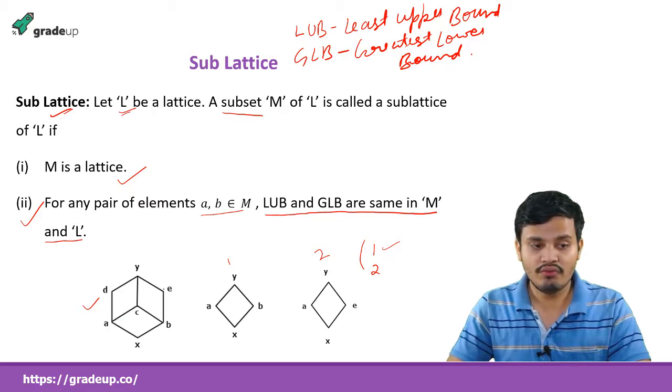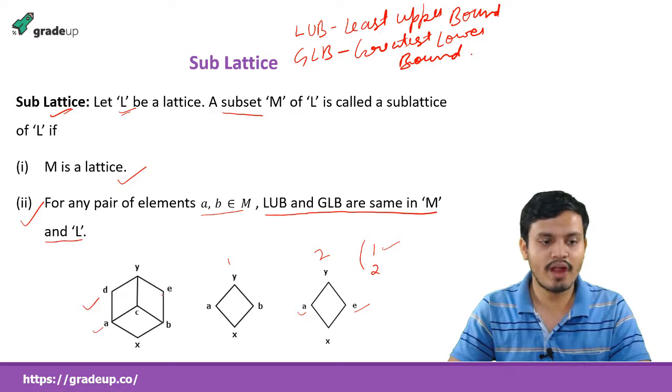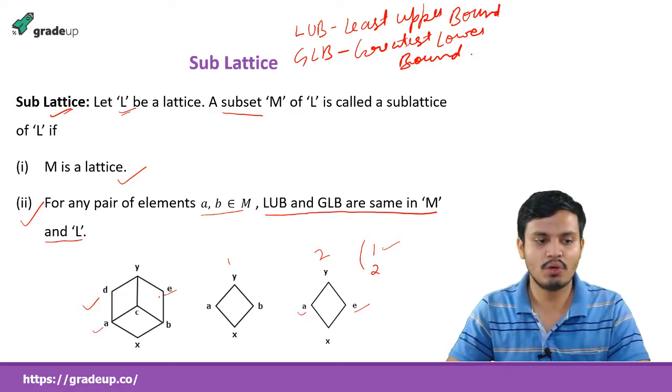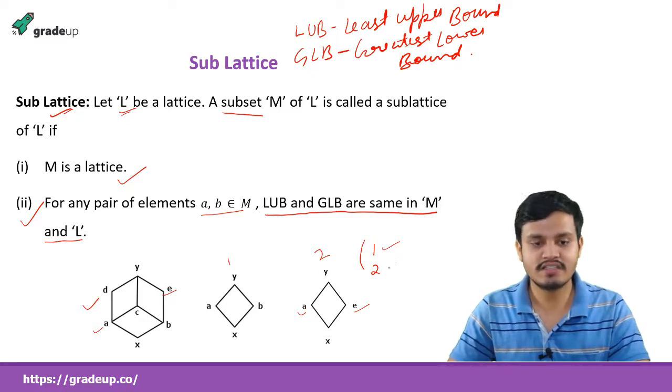Whatever the GLB and LUB are here for every pair, they should also be the same here. We have checked for A and E, that is correct. And if you try for A and Y, it will be the same, because A will be the greatest lower bound and Y the least upper bound. So this is a sublattice of this lattice.